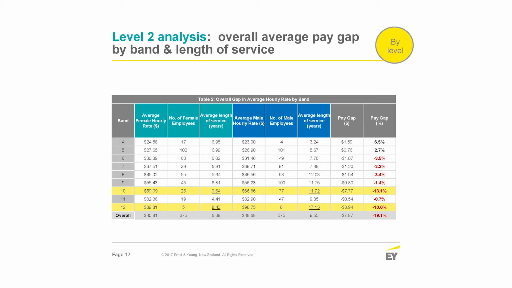But if you start coming down here, and the ones that are highlighted in yellow, what we're starting to see here is length of service, and the pay gaps are starting to really pull apart. So this is now starting to get to the heart of why we've got a big gap, what's happening.